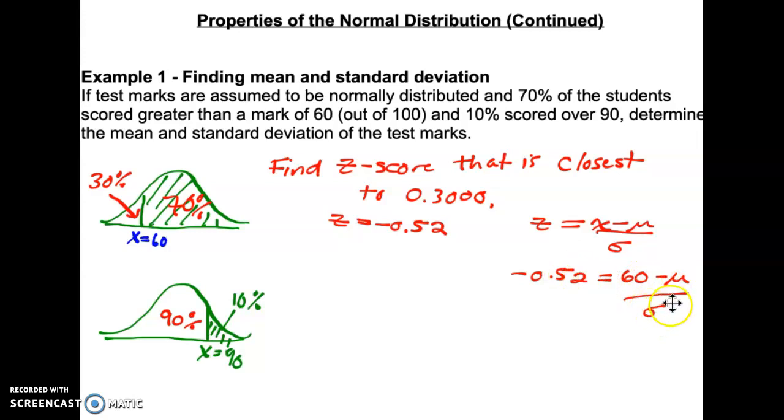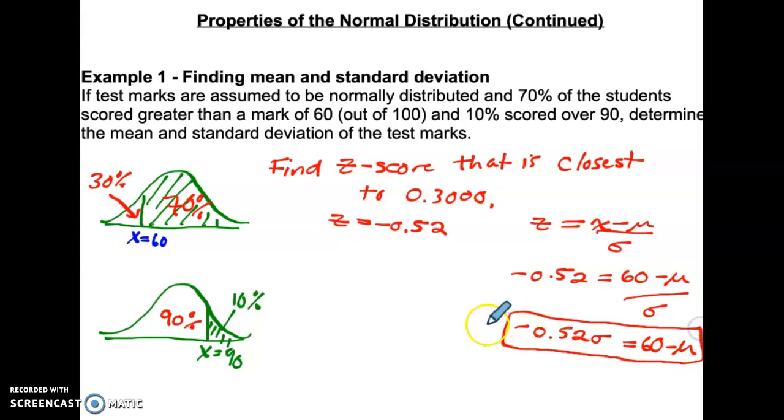And I'm going to cross multiply and multiply both sides by sigma to get an equation that doesn't have any fractions. And there I have one equation with two variables.